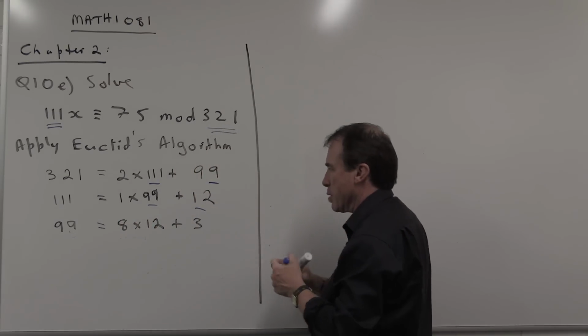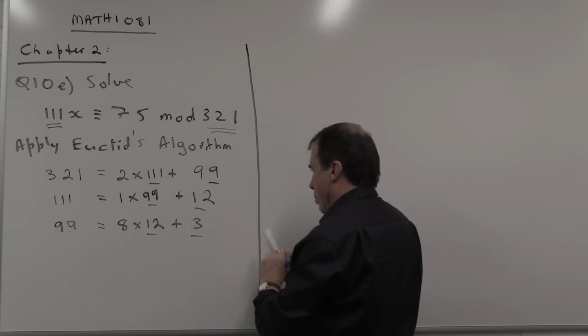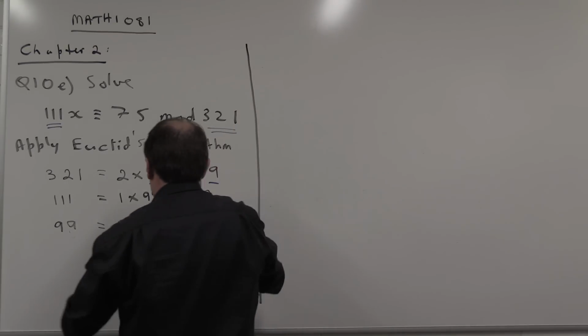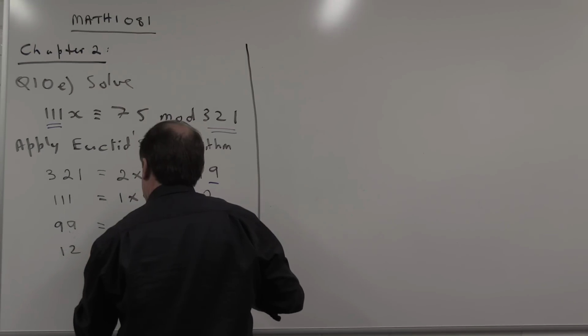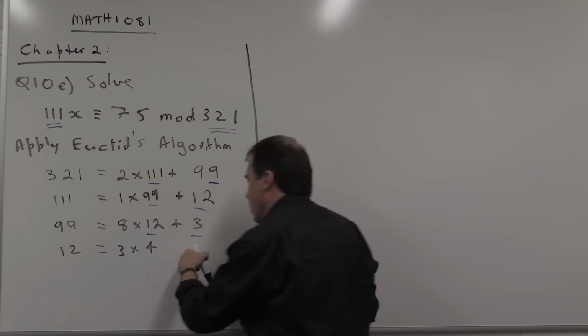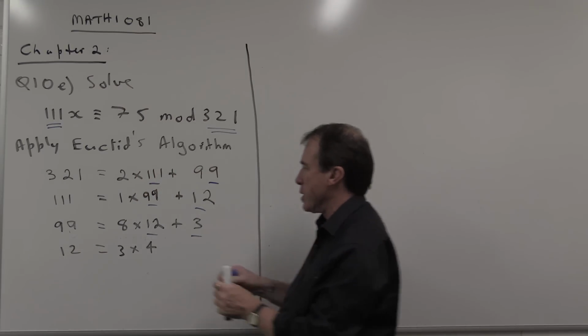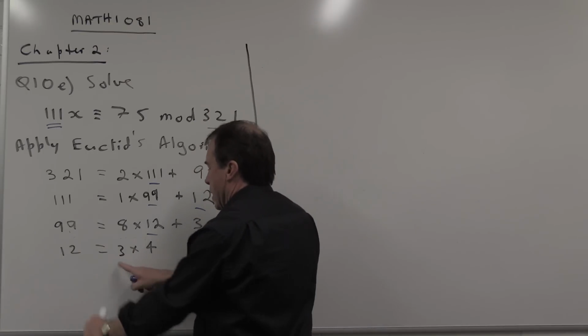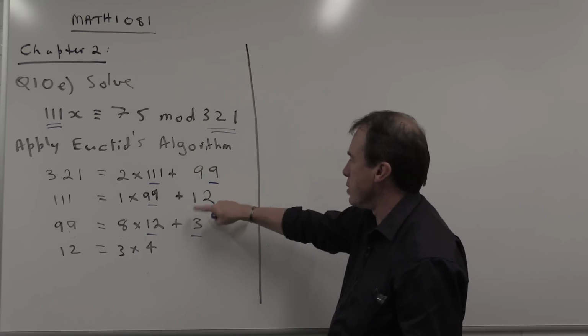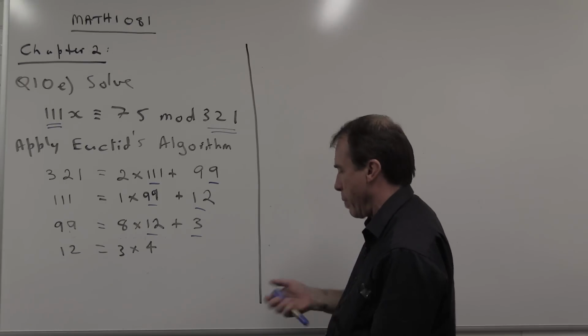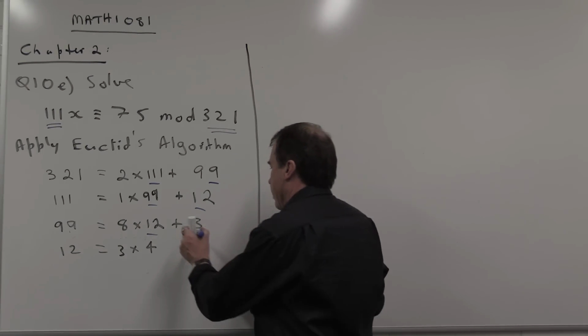And finally, repeat the argument on these two, but then 12 is equal to 3 times 4 plus no remainder. So clearly the GCD of these two numbers is 3, which is the last non-zero remainder here. So there's the GCD.